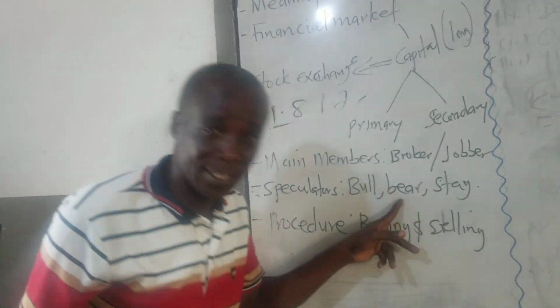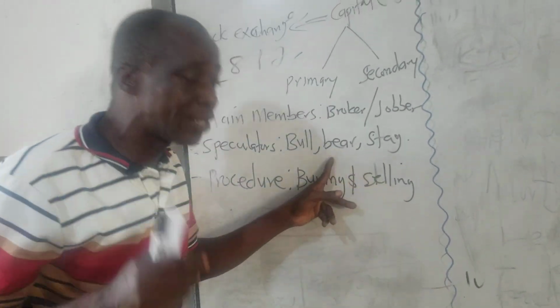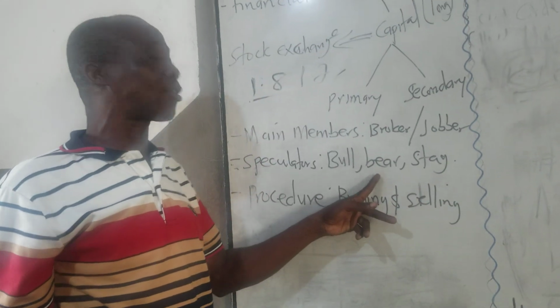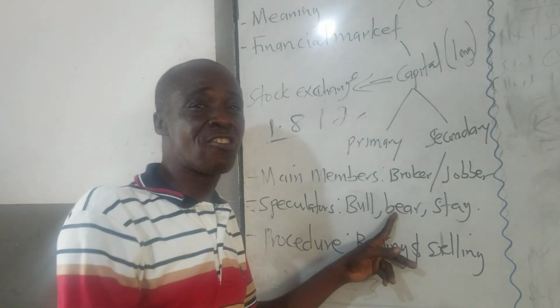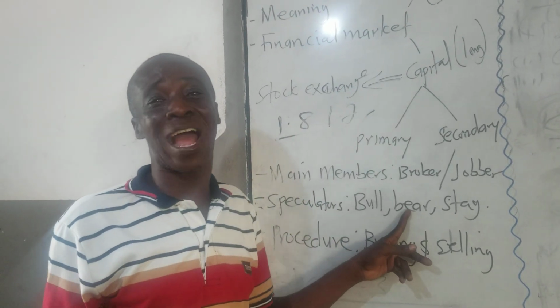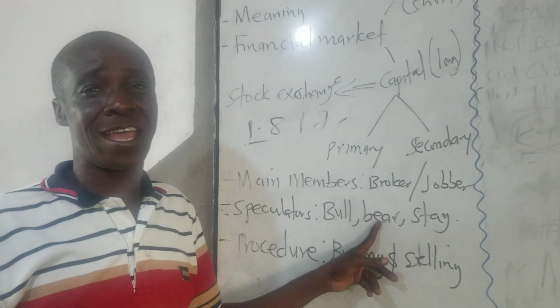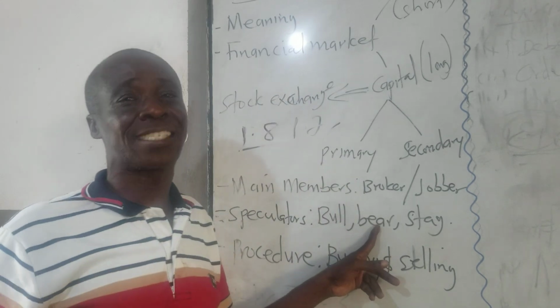The bull does this, the bear does this. If I do this, I'm going down. If I do this, I'm coming up. That's why they use the bear to mean a decrease in price. So the bear will anticipate that there is going to be a fall in the price.